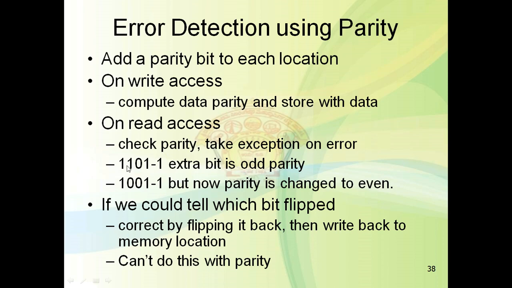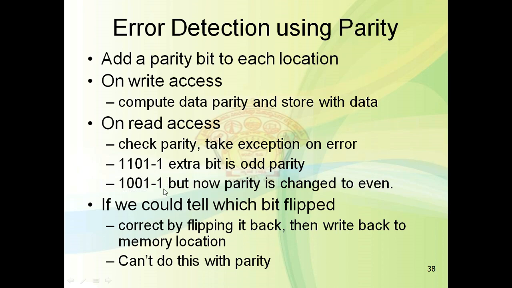There is an odd number of ones, three ones, hence the odd parity is set. So we have stored the data. Now by some change, one bit is flipped from 1 to 0. Now if we read the data and check the parity, you will get even parity.